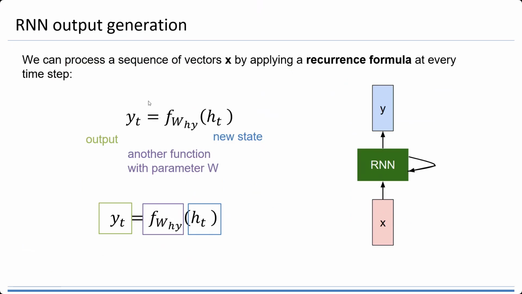We have the y, which is the output at the time t, and then we have the function. So it can be tangent, it can be sigmoid function, it can be ReLU, and etc. For the state h and the particular y, where we know about the new state or the current state.